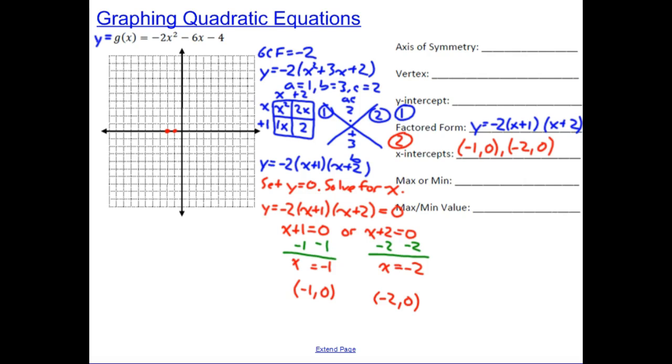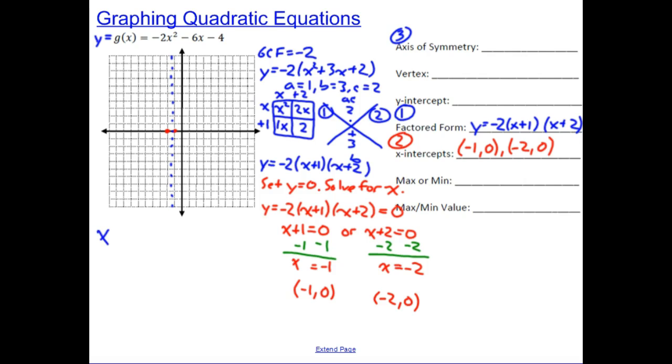Moving on, having these x-intercepts makes finding the axis of symmetry fairly straightforward, because the axis of symmetry bisects, or divides in half, my graph. It's going to go right in between those x-intercepts. And I can think of that from a mathematical point of view as being the average of the x-intercepts.